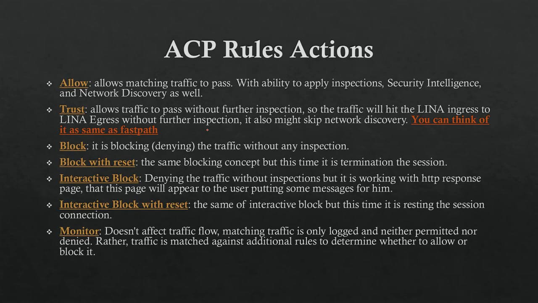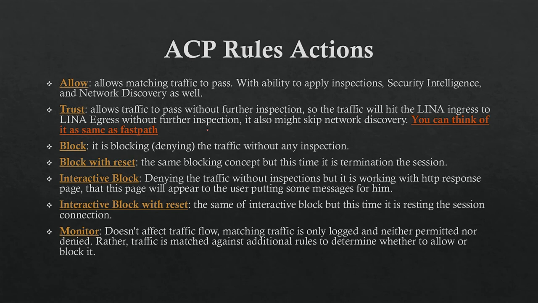Fine. The actions of the access control policy rules. You have allow. Allow means if the traffic matches, okay, allow it. But if further inspection is needed, like security intelligence, network discovery, or IPS, then please go there and do it.